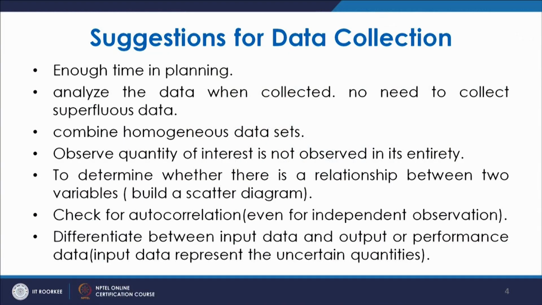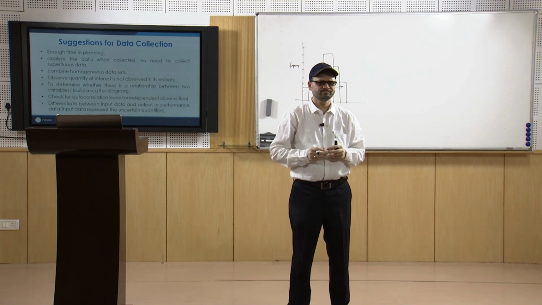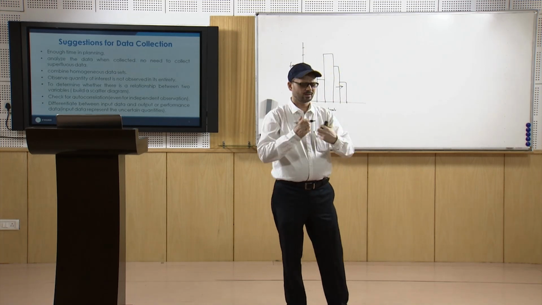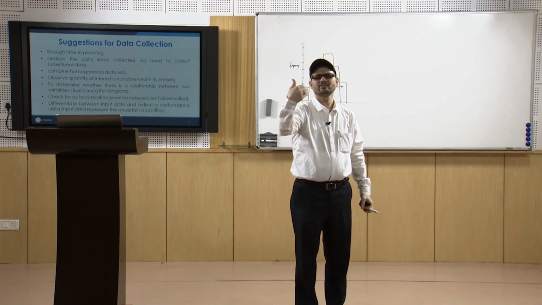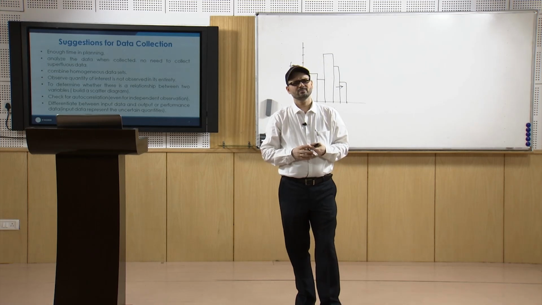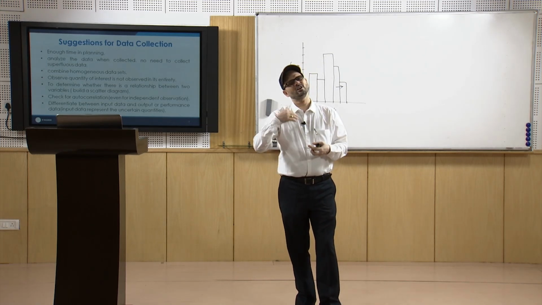Combine homogeneous data sets. You must know when to collect the data and which data should be in succession. Suppose you start taking readings on Friday and the next reading is only on Monday.